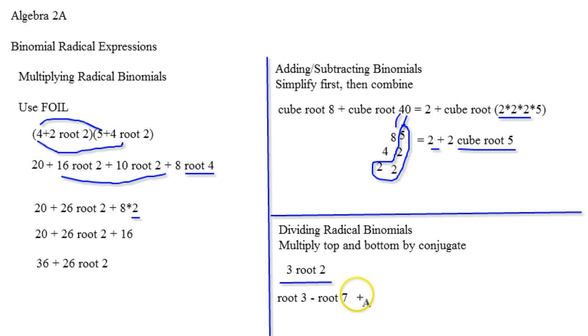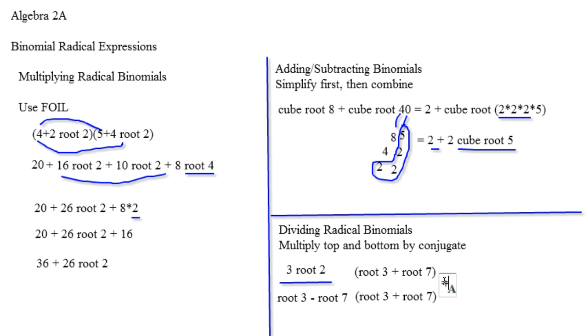In order to rationalize this one, obviously I can't divide anything because they're all different roots, and I can't really combine anything because it's all addition. So I'm going to multiply top and bottom by root 3 plus root 7. The conjugate is just going to be the same as what you have on the bottom, except with the opposite sign. So root 3 plus root 7.